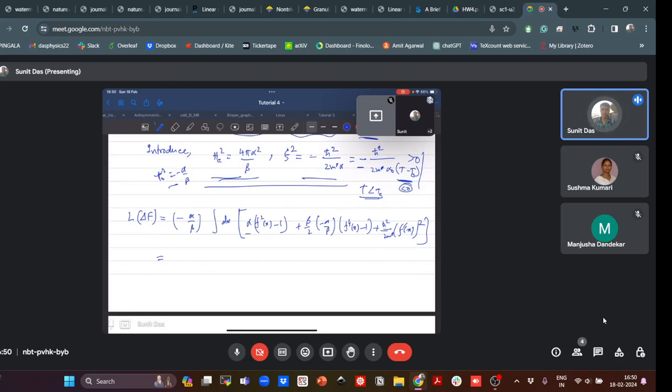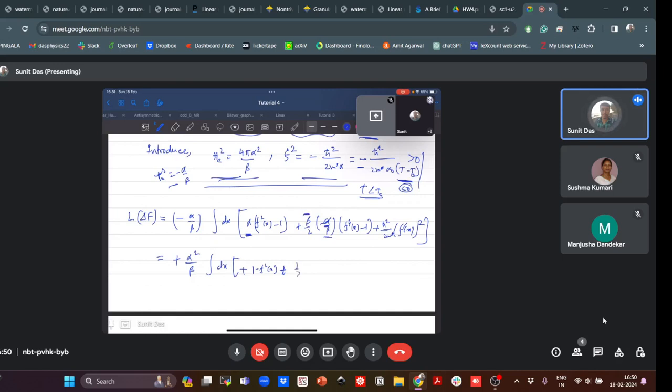So if we take this alpha out, then it will be minus alpha square by beta integration dx, and let's say we also put that minus sign within the bracket. So 1 minus f square x, this will be plus 1 minus f square x plus, so this alpha is already gone, this beta and this beta will cancel out.